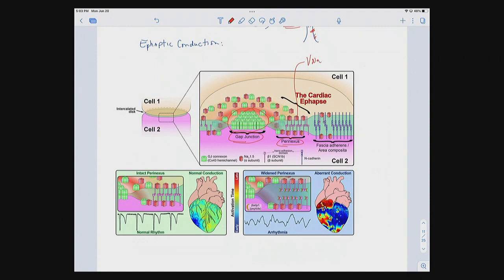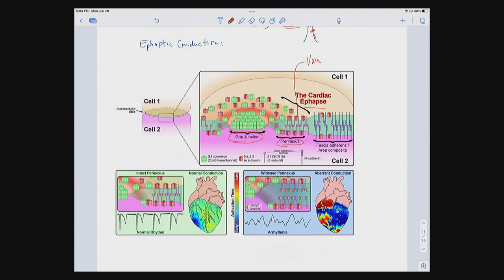They're just sitting there, a certain type of voltage-sensitive sodium channel, and they're connected with some other proteins across here, whose names I'm not too worried about. And so this area here conceptually is called the cardiac ephapse. And so let me walk it through.